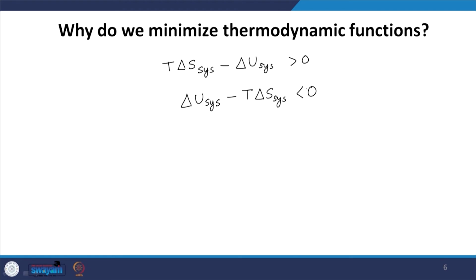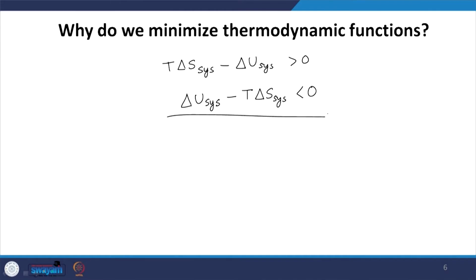So, although the entropy was being maximized when we had an isolated system, in the closed system entropy is still being maximized, but that entropy is for system plus surrounding.